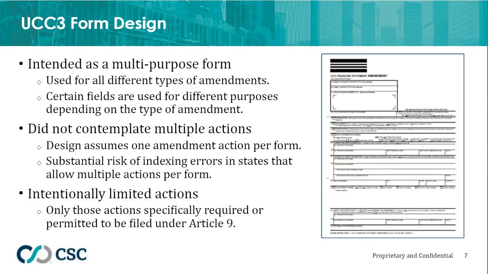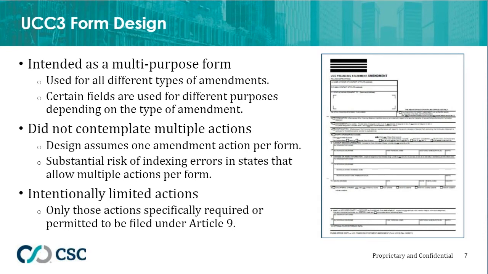The idea was that the filing offices did not want to turn the UCC index into a bulletin board for anything that could be filed. They wanted to keep it narrowed down to just the required documents or the required actions that need to be filed under Article 9.